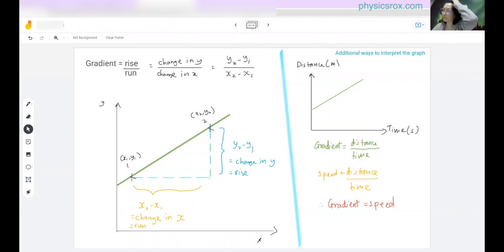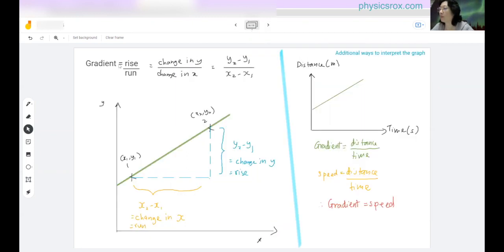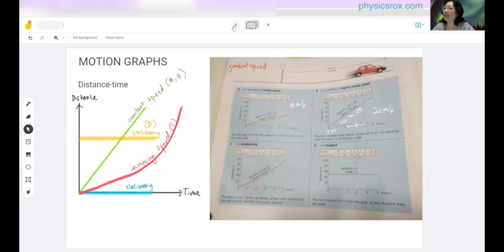All right, so yesterday we learned about the distance time graph.